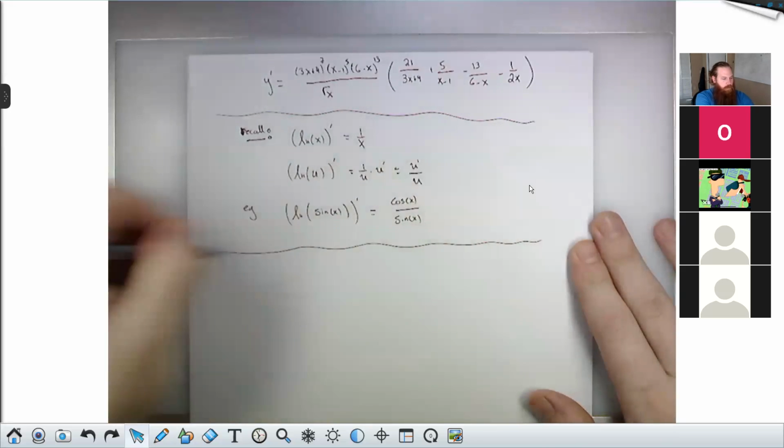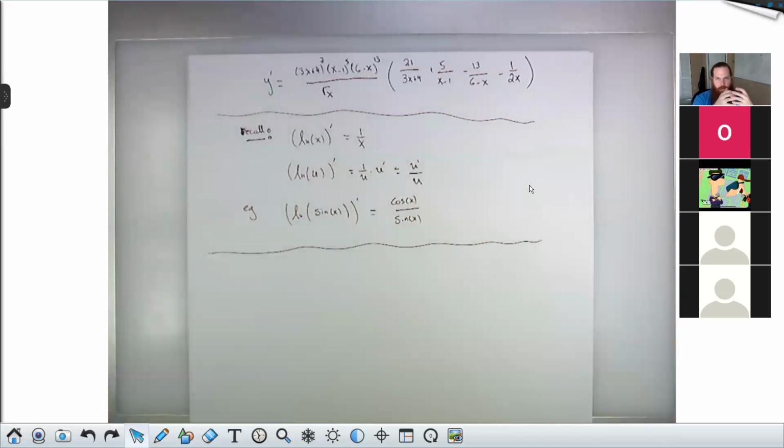All right. So logarithmic differentiation is your friend. It's a nice, nice rule. Will help you differentiate big nasty products without using the product rule, big nasty quotients without using the quotient rule.